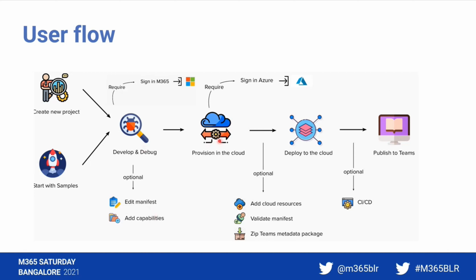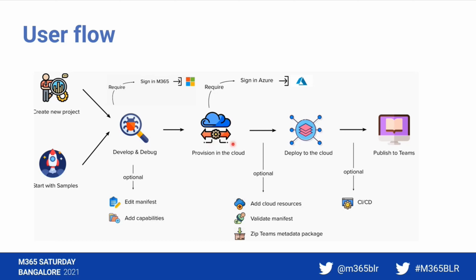The second stage would be provisioning in the cloud. When we say provisioning, we are talking about provisioning the resources which the Teams app would require in the cloud. Once a Teams app is created, it is, as I said, more or less web development which we are doing, right? So it needs to be hosted somewhere. You can use Azure if you want to be in the closed ecosystem of Microsoft 365, or you can also host it somewhere else.